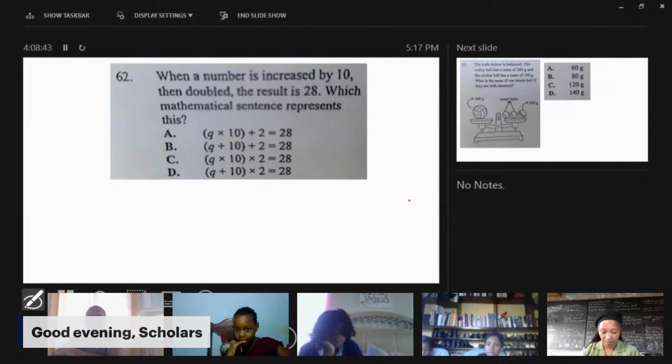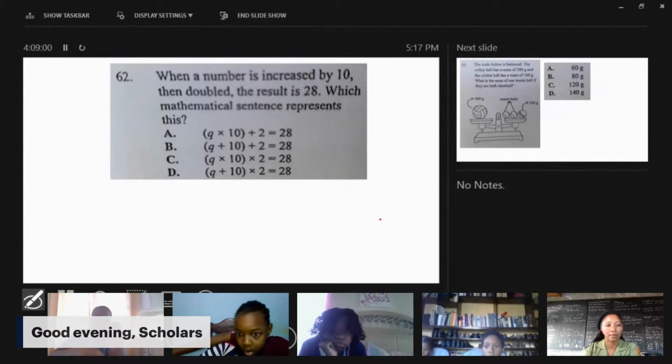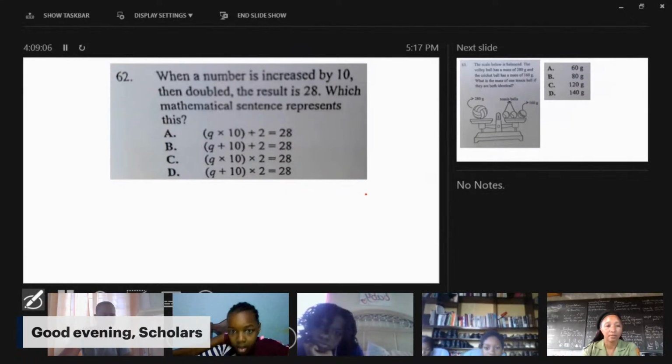Number 62. When a number is increased by 10, then doubled, the result is 28. Which mathematical sentence represents this? A: Q times 10 plus 2 equals 28.